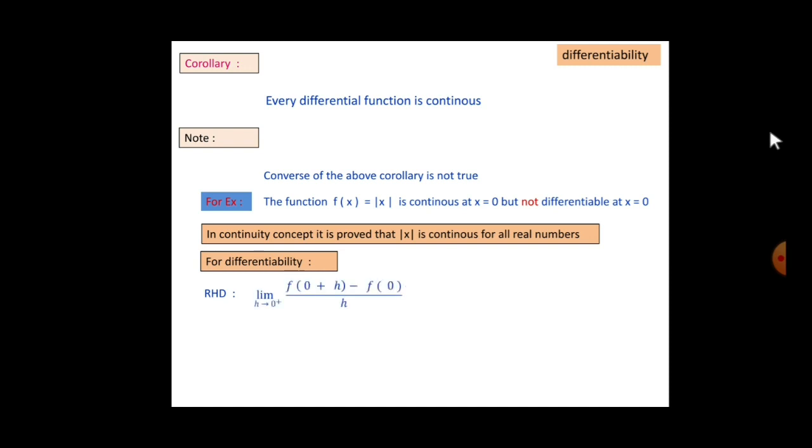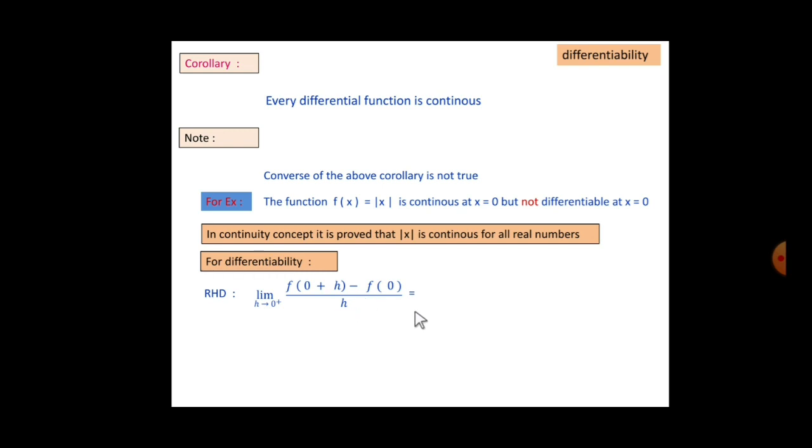Limit as h tends to 0 plus. Now the point c is 0 here. f of c plus h minus f of c, so here it is f of 0 plus h minus f of 0 divided by h.